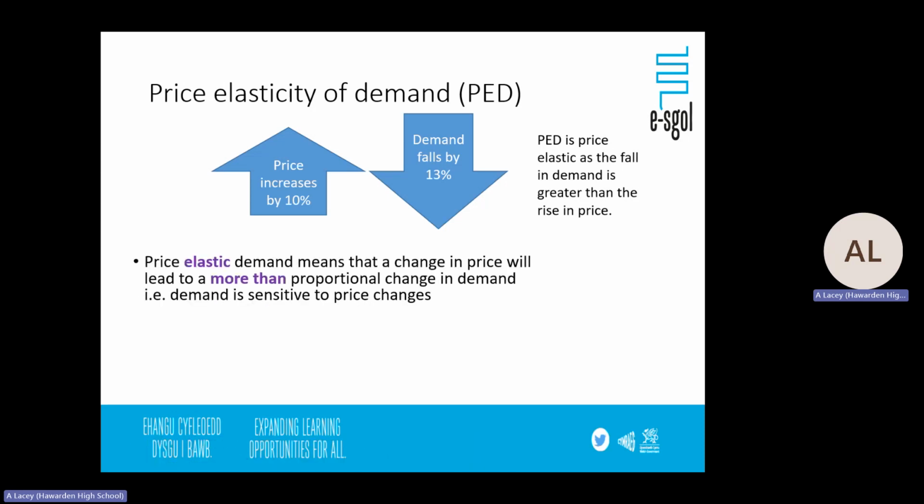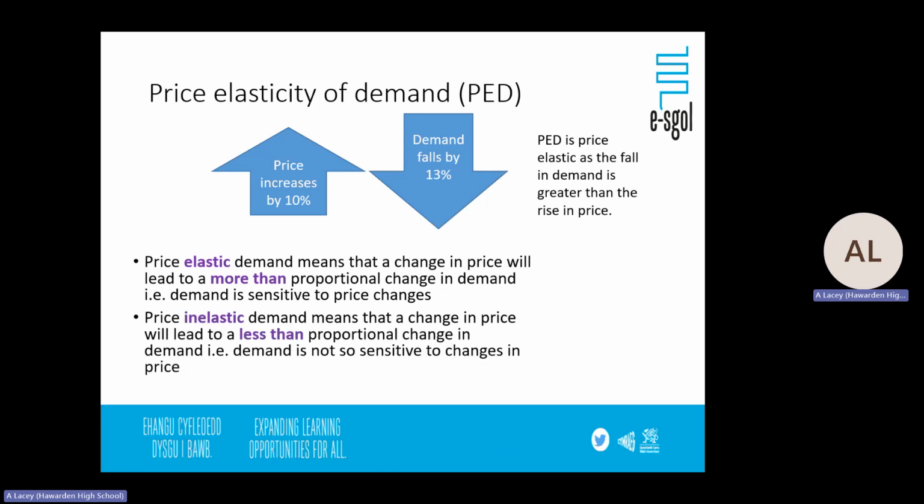Price elastic demand means that a change in the price will lead to more than proportional change in demand, so demand is sensitive to price rises. Price inelastic demand means that a change in price will lead to less than proportional change in demand, so it is not so sensitive to changes in price.